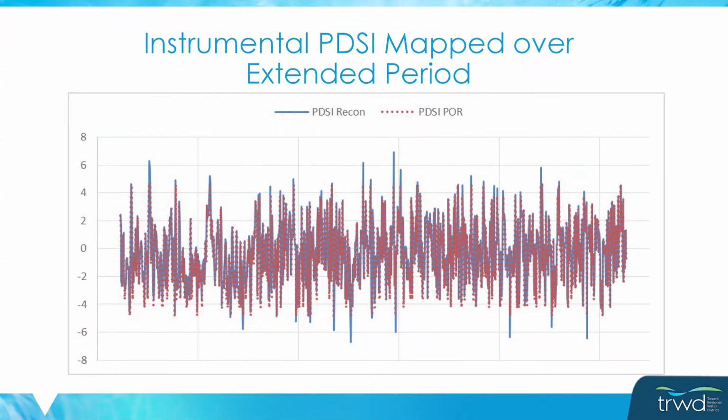So what we did was we took a similar value approach and mapped the closest matching yearly value in the observed record to the reconstructed record, tracking which year we were matching. And this is what it looked like when we finished matching values from our known observed record back over that paleo record.